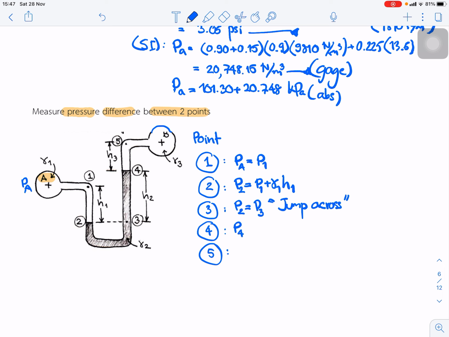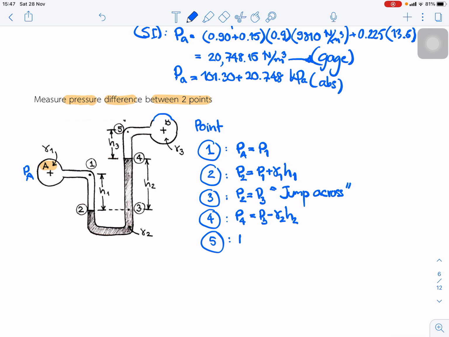And at point 4, we say that P3 decreases by gamma 2 H2, and at point 5, P5 is equal to P4 subtract gamma 3 H3. And we say that P5 is equal to PB.